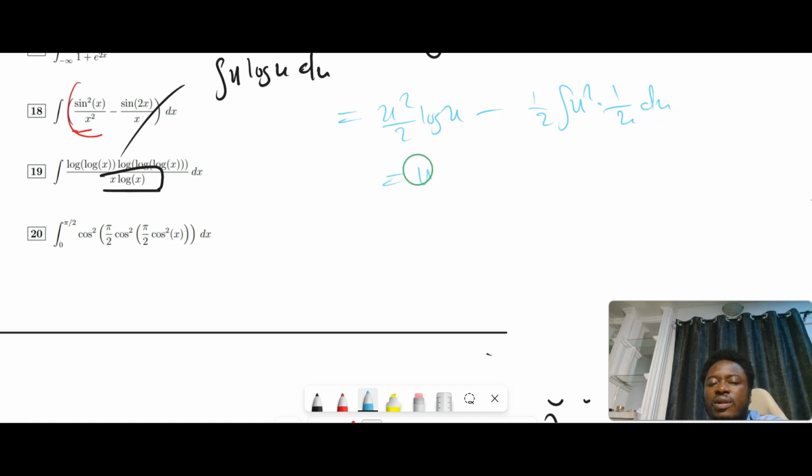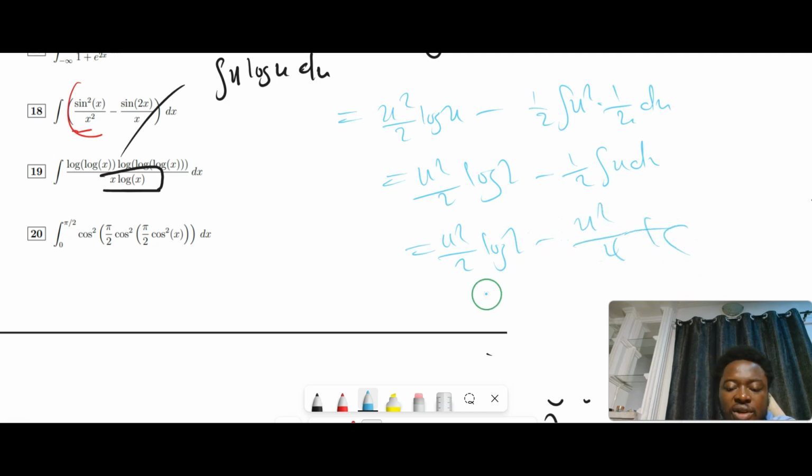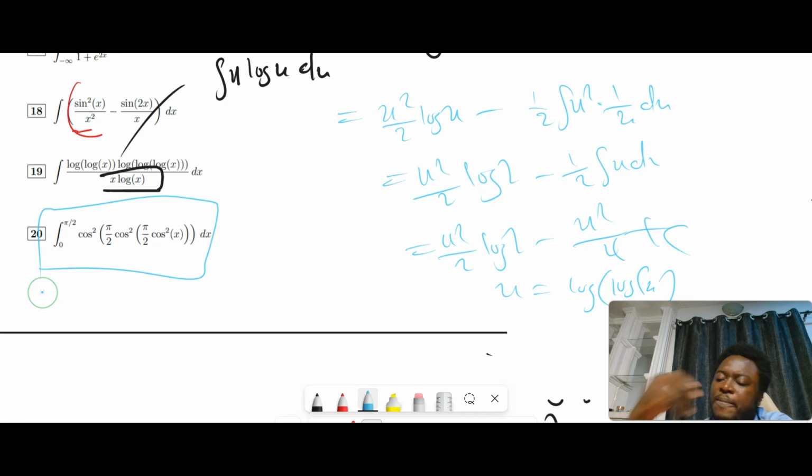So that would be u squared over 2 log u minus half of the integral of u du, which is u squared over 2 log u minus u squared over 4 plus c, where u is log of log x.